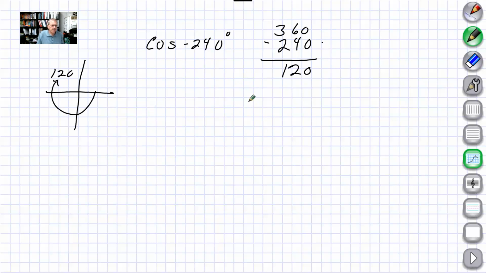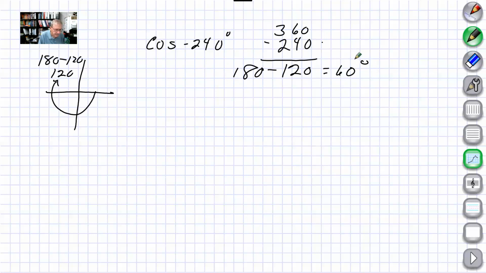Reference angle, 180 minus 120, 60 degrees. If you do it backwards, you subtract this like this, you're just going to get a negative 60, and we don't want a negative angle, so we know it's going to be positive. So this is 180 minus 120. Our reference angle is 60.